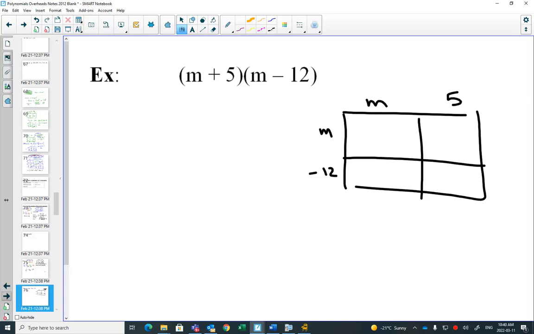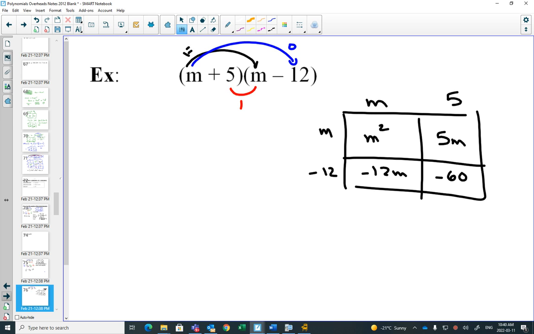Chart method, this is what you would have in each of these. Arrow method: first ones, outside ones, inside ones, last ones.